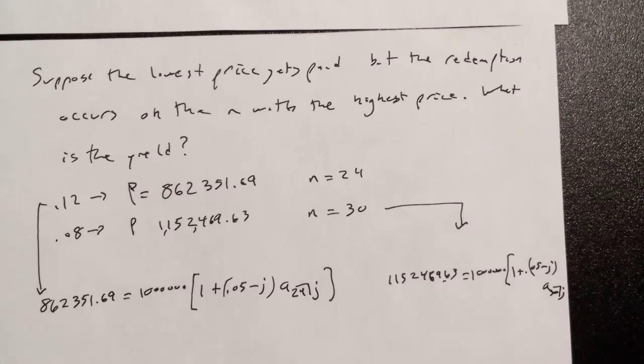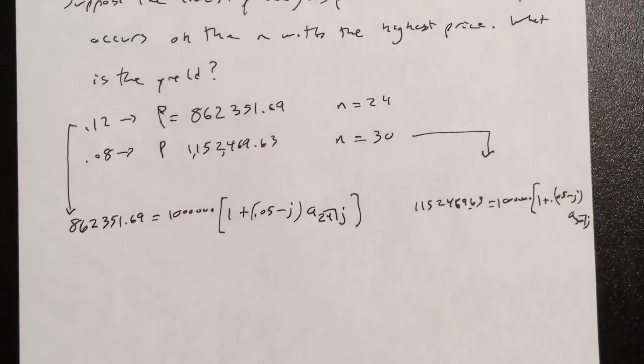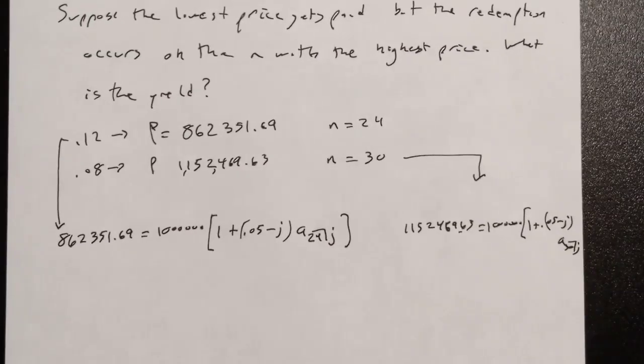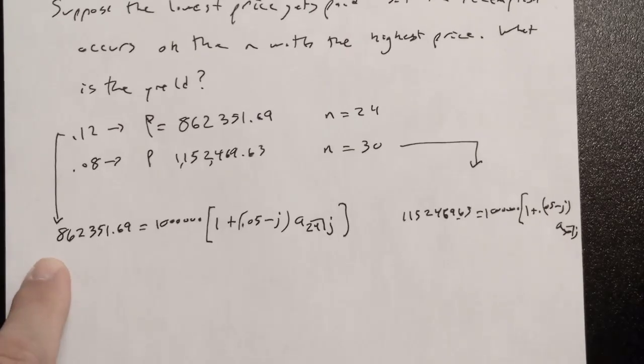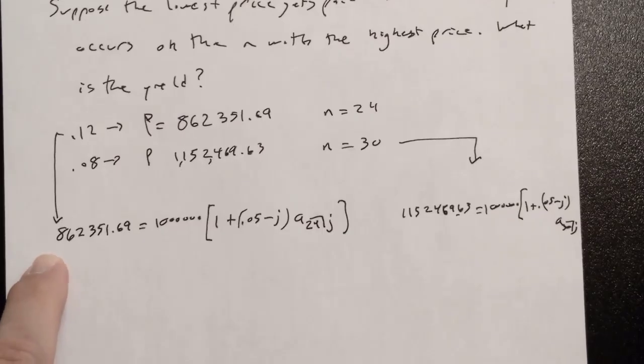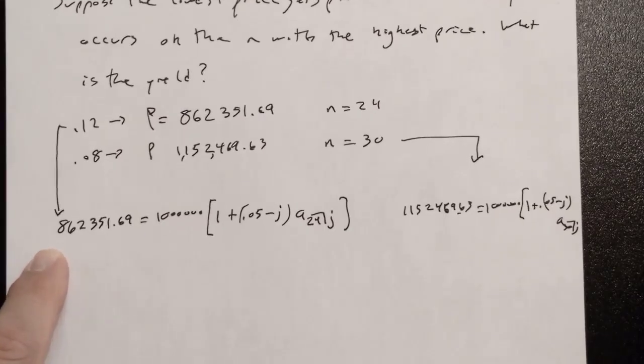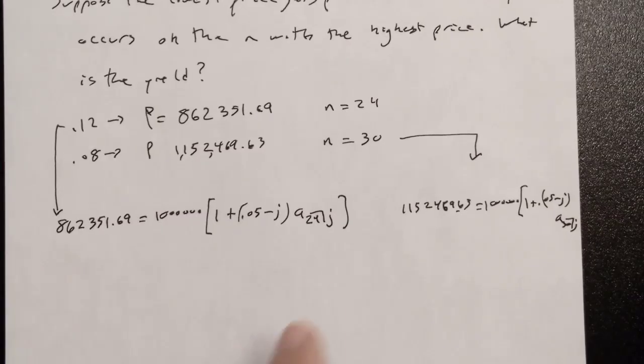Started writing too far over. I'm doing the same two calculations, but I've switched the numbering when I'm redeeming. So in this case, where my bond was issued at a discount, I'm at the 24 months, sorry, 24 periods time.